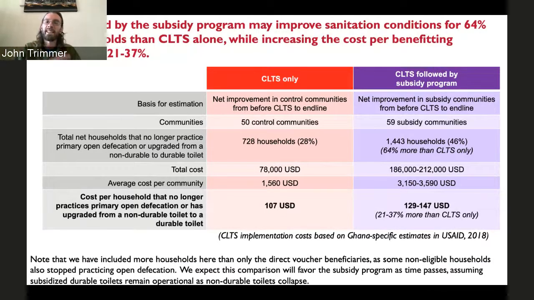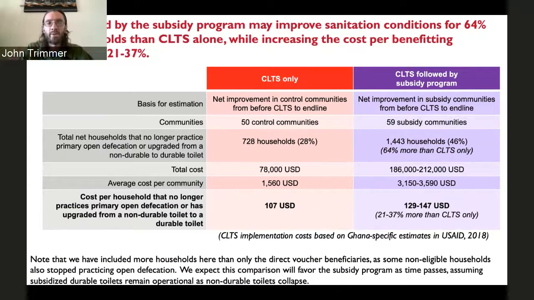CLTS is implemented, the community reaches open defecation-free status, and then very little or nothing happens after that. That's essentially the scenario that was represented by our control communities in this study, the 50 communities that were declared open defecation-free but did not receive this subsidy program.